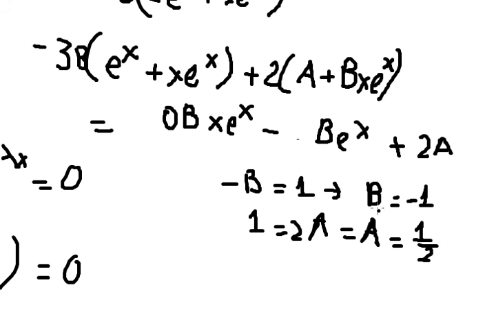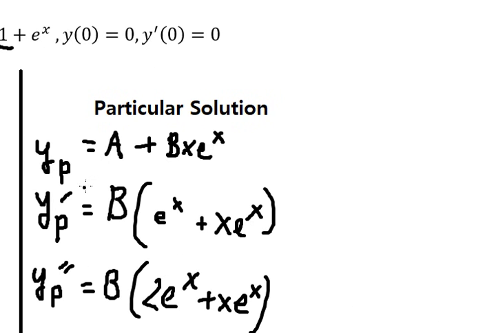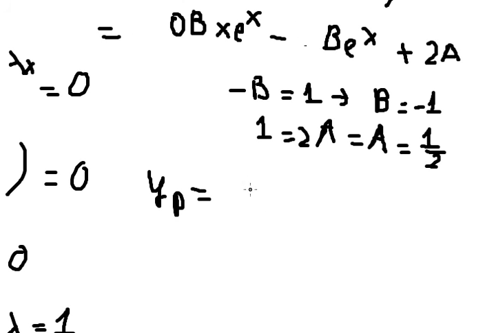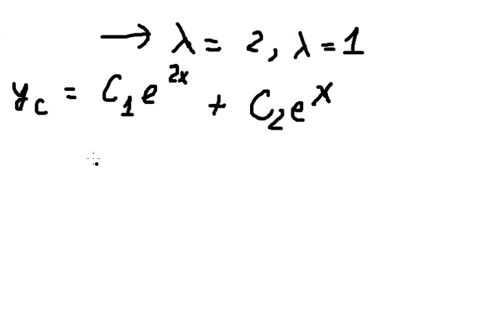Now we put a and b back in here. So for this one, we have 1 over 2 minus s e to the power of s. And now we put this one and this one together, so we have the final answer.